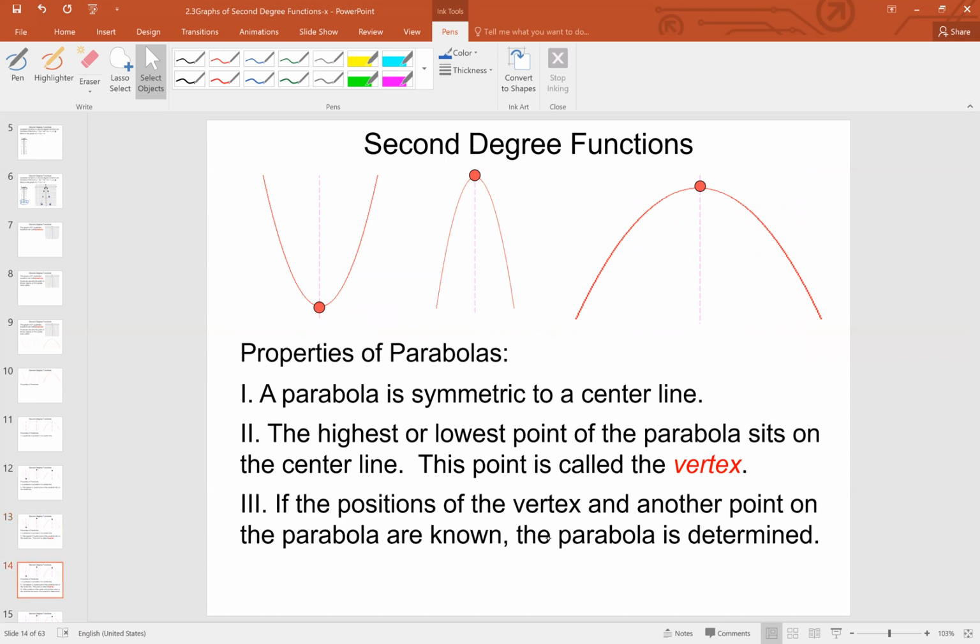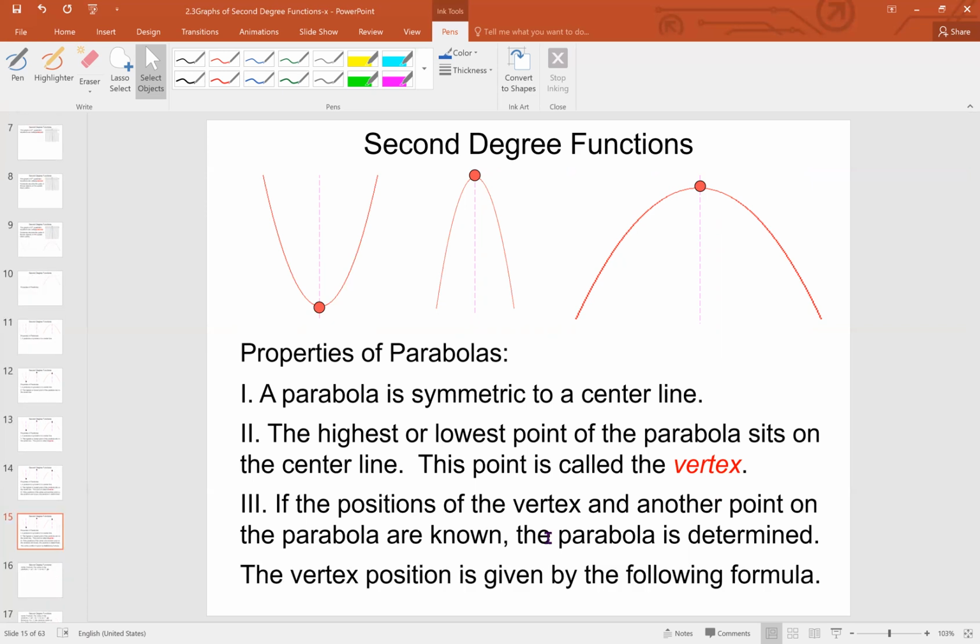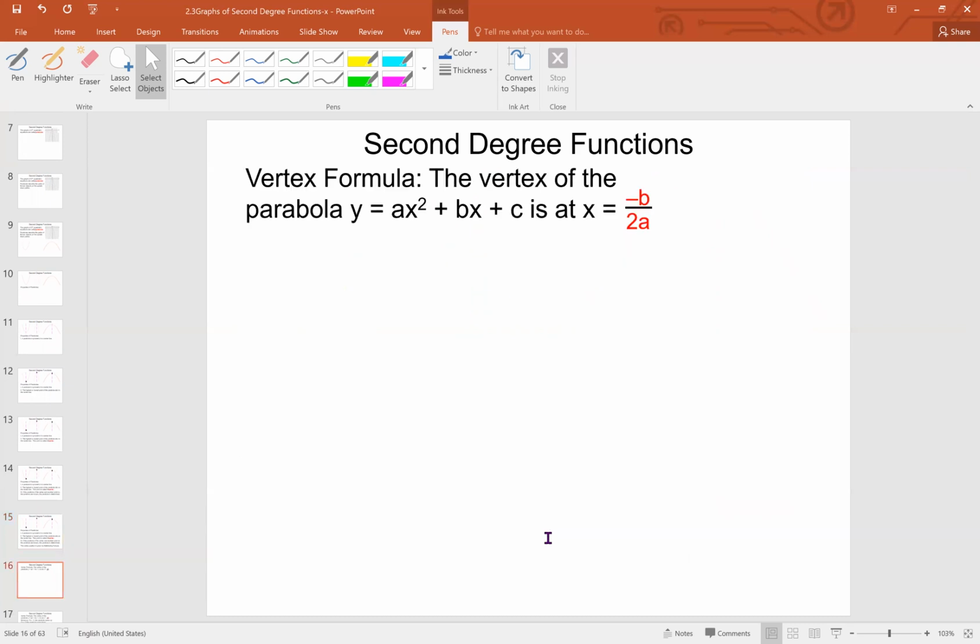To graph the parabolic path of an object being thrown, the strategy is, of course, to plot the vertex. After we plot the vertex, we figure out which way the parabola faces, and then how big it is, how fat or how skinny. This is what we're going to do to graph parabolas.